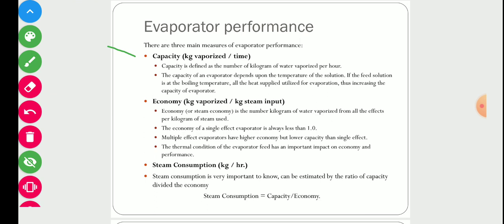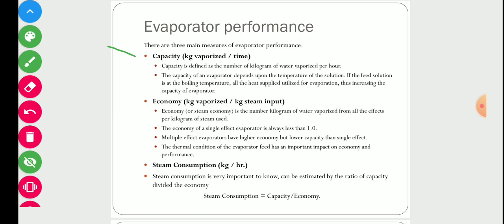But on the other hand, if the solution is subcooled, then some amount of energy will be used to heat up the solution to its boiling temperature. So in that case, the value of capacity will decrease. On the other hand, if we have superheated feed, then its capacity will increase. So the capacity depends on the temperature at which the feed is available.